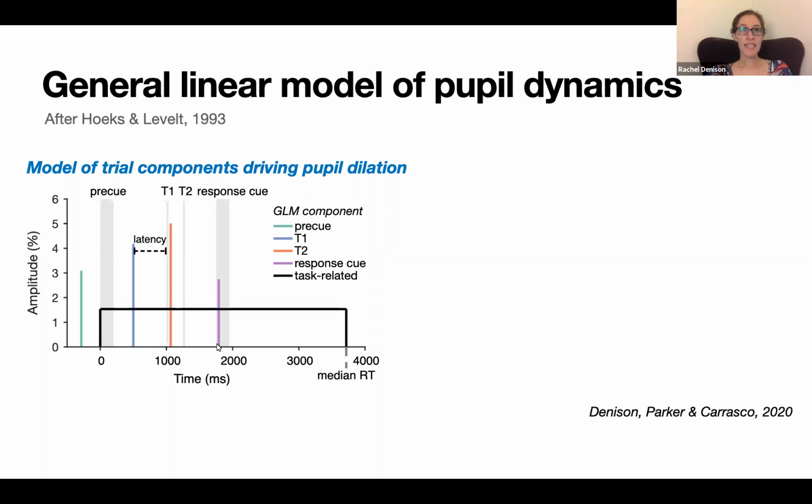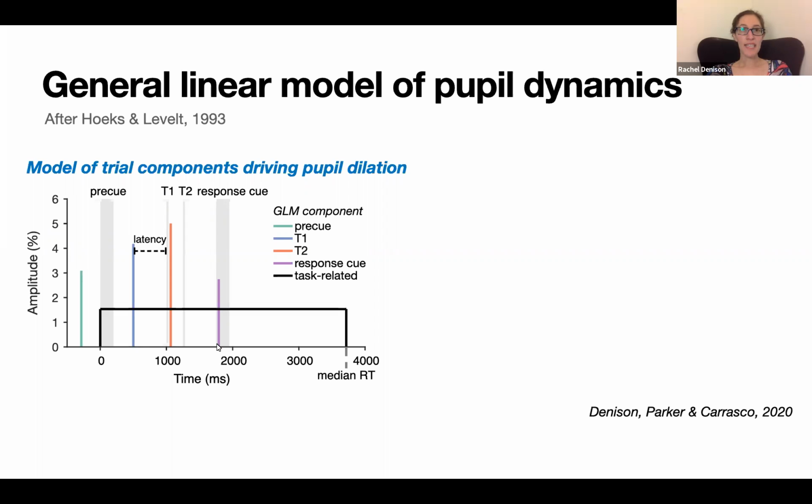So importantly now, the pupil does not respond instantaneously to a given event. Instead, it takes some time for the pupil to dilate and return to baseline. This impulse response function was measured by Hoeks and Levelt in 1993, and it is well described by a gamma function. We are going to call this the pupil response function, or PRF.